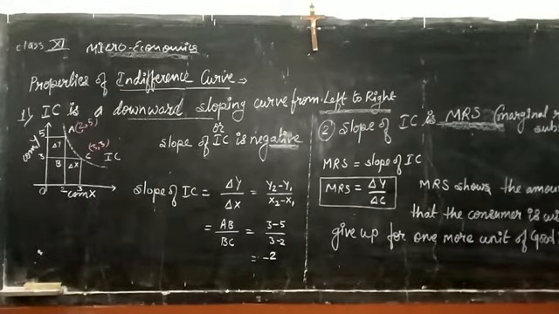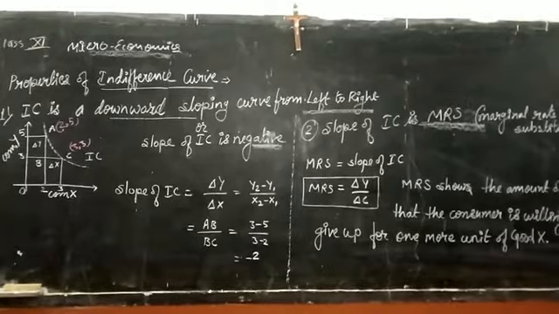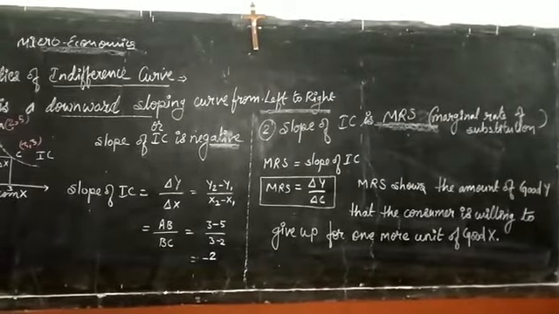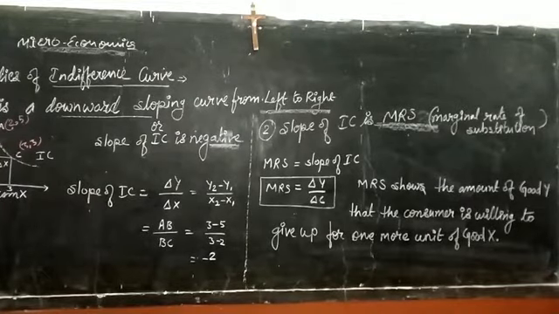The second property of indifference curve is that the slope of IC is MRS. What is the full form of MRS? MRS stands for marginal rate of substitution.